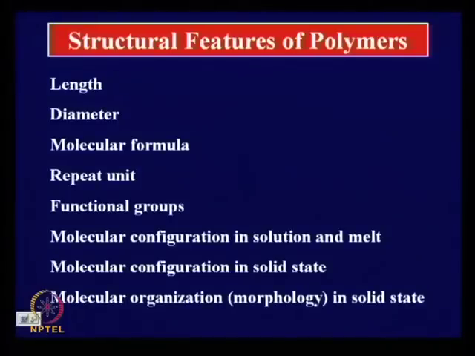Then we have to know the molecular formula. What is the molecular formula? The chemical formula. From the chemical formula, we can know that it contains carbon, hydrogen, or nitrogen, or oxygen, or sulfur, or phosphorus, like this.